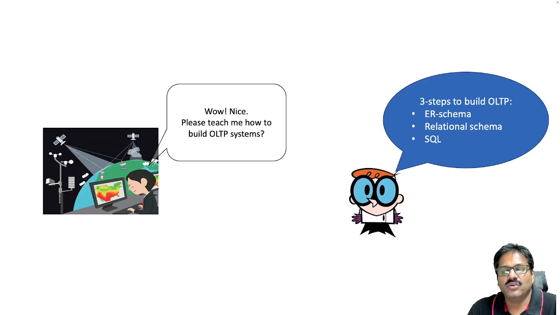The first one is the ER schema, the entity relationship schema. Next, we have to learn the relational schema, and then we have to learn SQL. These are the three steps in which we learn and develop OLTP systems.